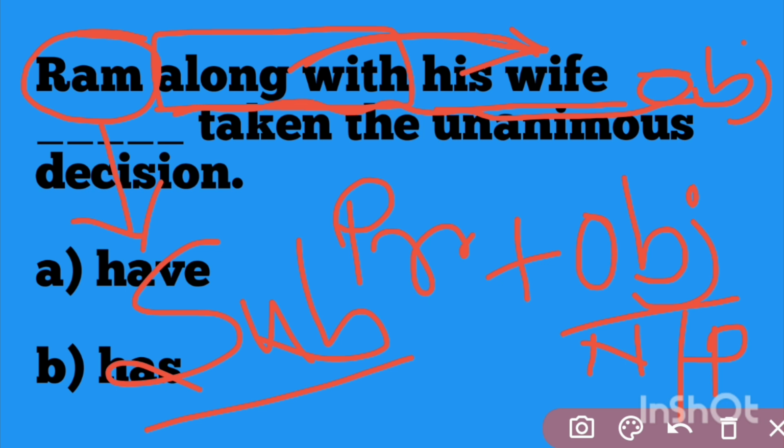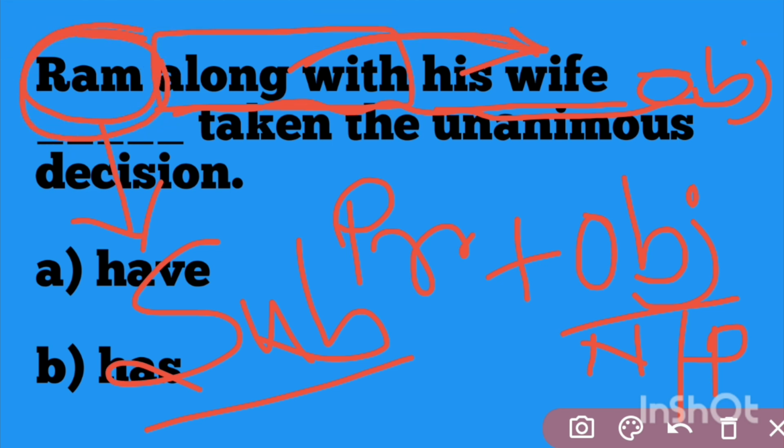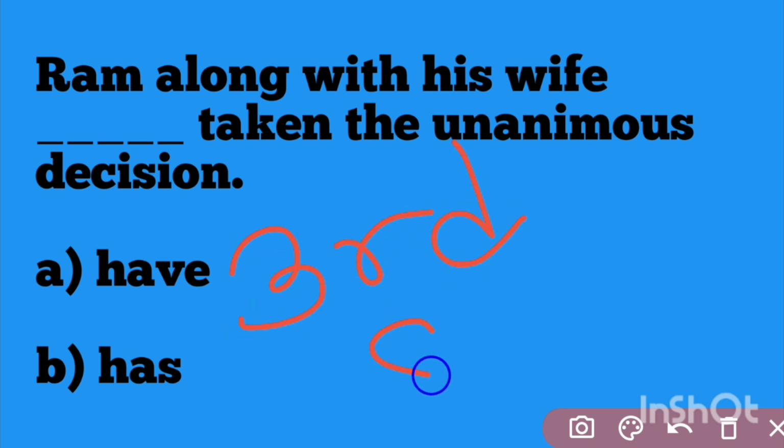As it is third person and Ram refers only one person, it is third person singular number. Obviously, the verb will be singular, and here has is the singular form. So Ram, along with his wife, has taken the unanimous decision. Friends, this is the correct answer.